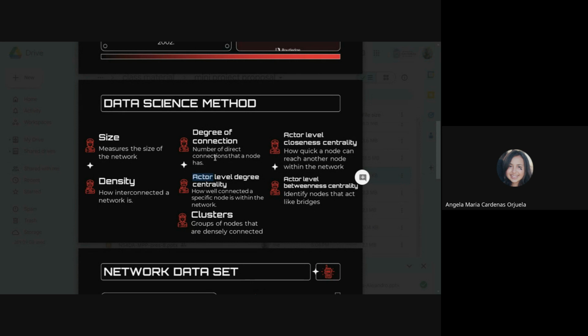The next is degree of connection. This measures the number of direct connections that a node has. This shows the prominence or influence of a node within a network. This criterion allows the measure of the average number of relations each member has with other members of the network. The next is actor level degree centrality.